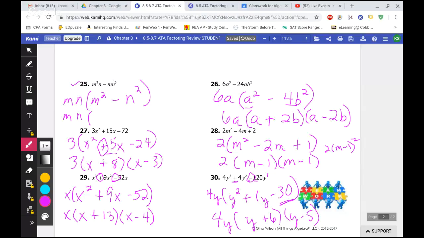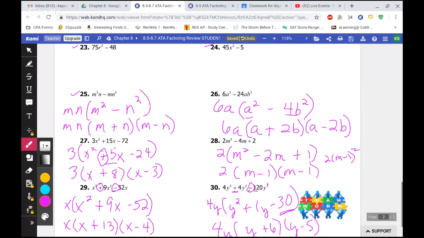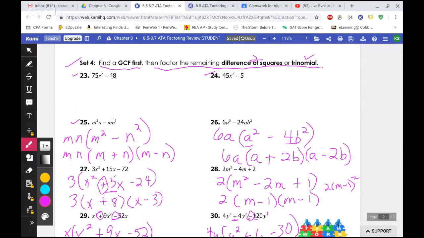So I'm going to take the square root of each. The square root of m squared is m, plus the square root of n squared is n. And then I'll do the same thing, but this time I'm going to separate it by a minus sign. That way it gives me the factored version of m squared minus n squared. That's the factors of the difference of two perfect squares.